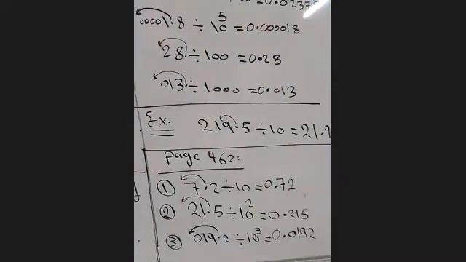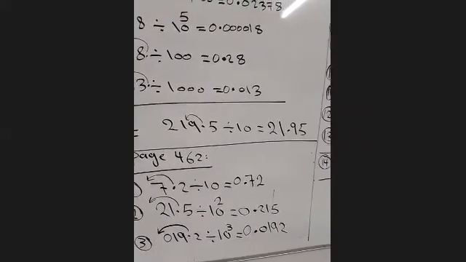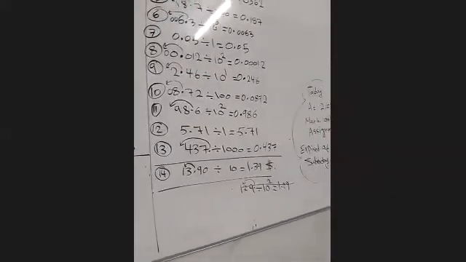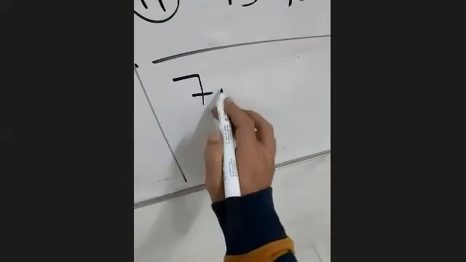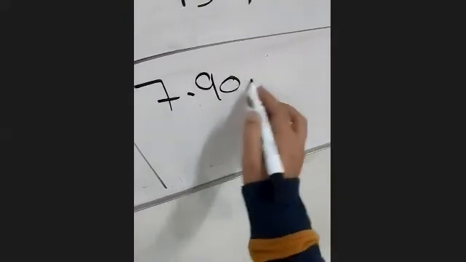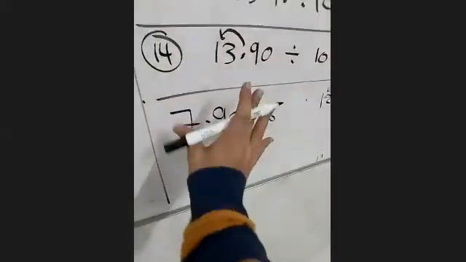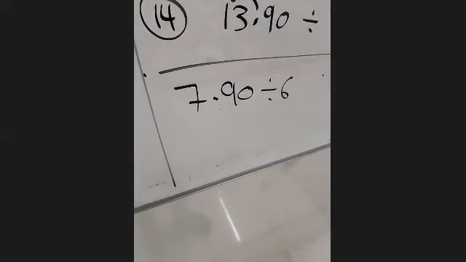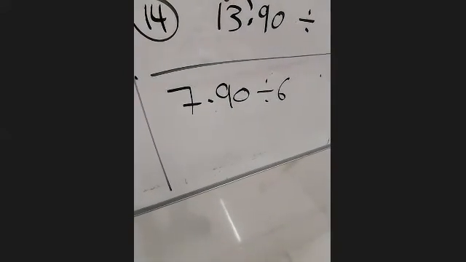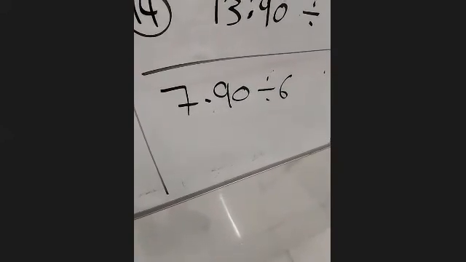Ahmed Aysar. Yes, sir. I have a question. If we have 7.90 divided by 6, how will we do it? Divided by 6. We don't know how to divide a decimal by a whole number. In the problem solving today, it's like this.